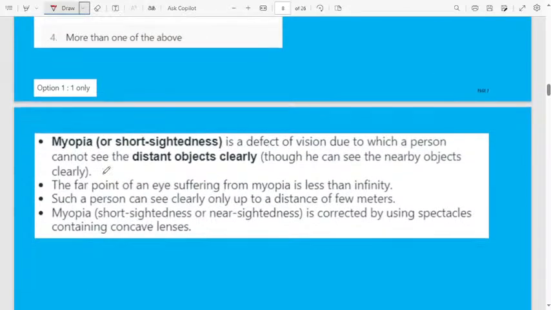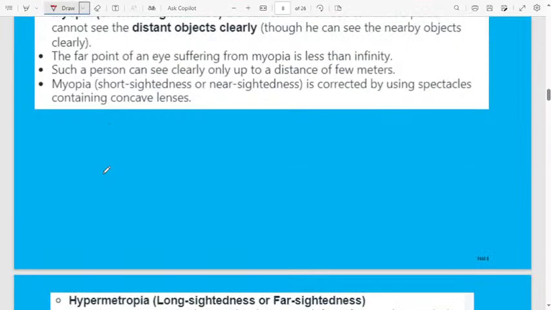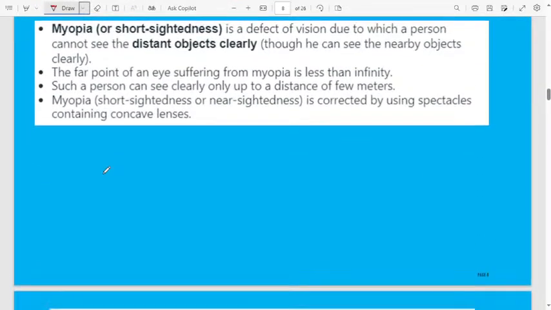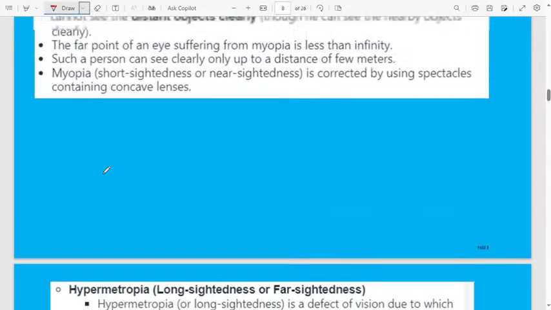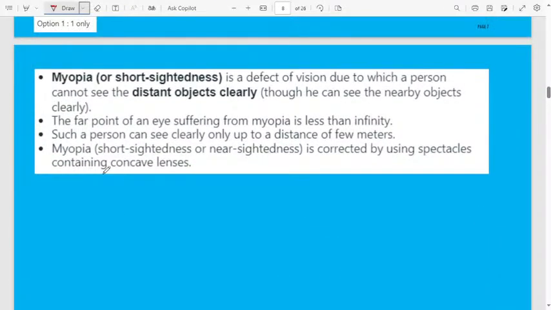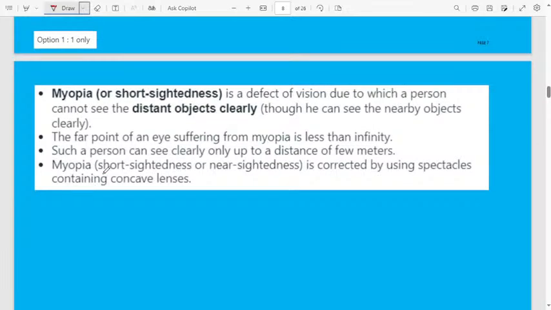Before answering this question, let us discuss in detail what myopia, hypermetropia, and presbyopia are. These are the three main eye defects we find in our daily life, which human beings normally face.